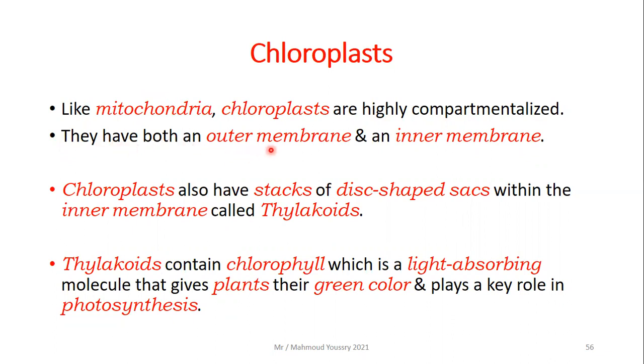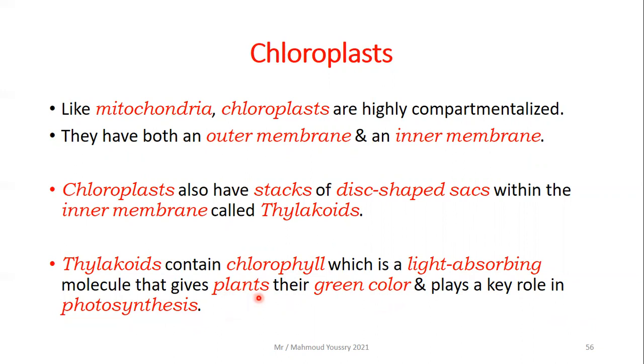Like mitochondria, chloroplasts are highly compartmentalized. They also have an outer membrane and an inner membrane, like the mitochondria. Chloroplasts also have stacks of disc-shaped sacs within the inner membrane. They are called the thylakoids. Thylakoids contain chlorophyll, which is a light-absorbing molecule that gives the plant the green color, and it plays a key role in the process of photosynthesis.